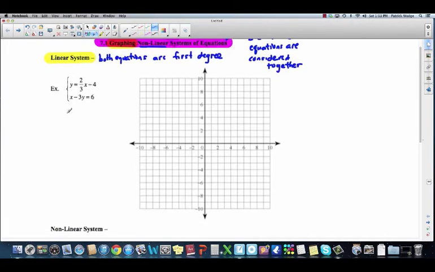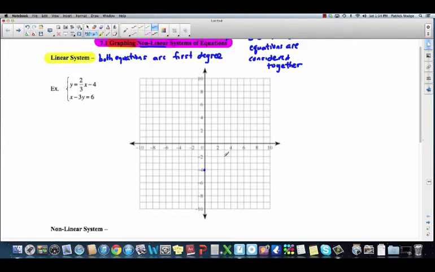So let's do this first question pretty quickly. There's 2 lines here, and we're going to graph them, and we're going to figure out which x value and which y value would solve both these equations. So the first line here, we should probably graph this one by using slope-intercept form. I'm not going to spend time on that. You should go back and watch the video if you don't know how to do that. But basically, the y-intercept's at -4. And then we want to rise 2 and run 3.